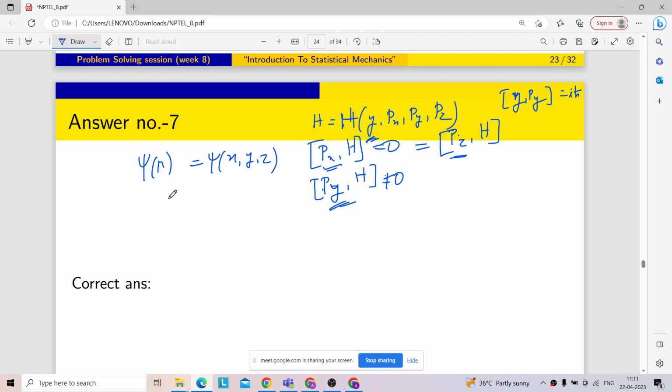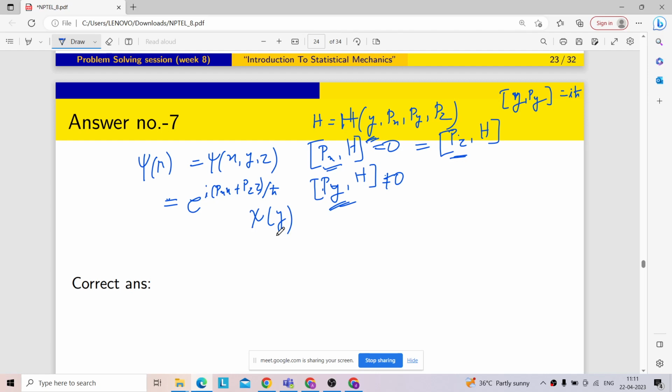So my wave function will take the form e to the power i (px x plus pz z) divided by h cross, and I am writing the y dependency of the wave function as some other form chi of y, right?